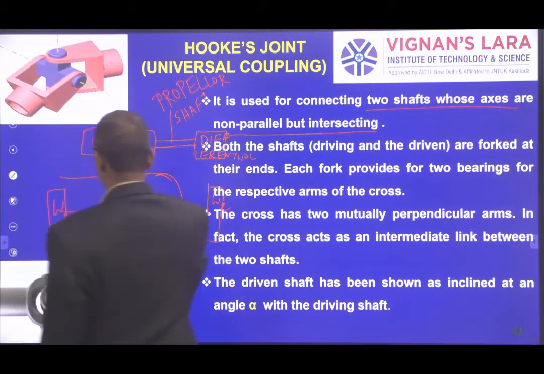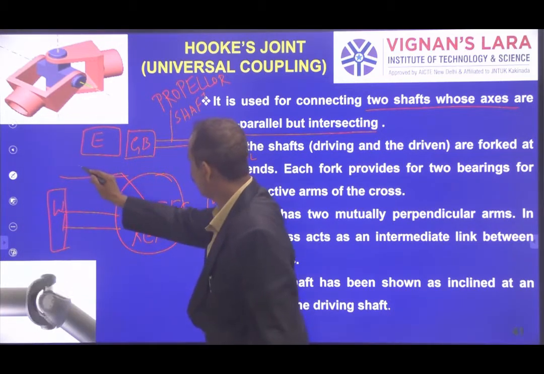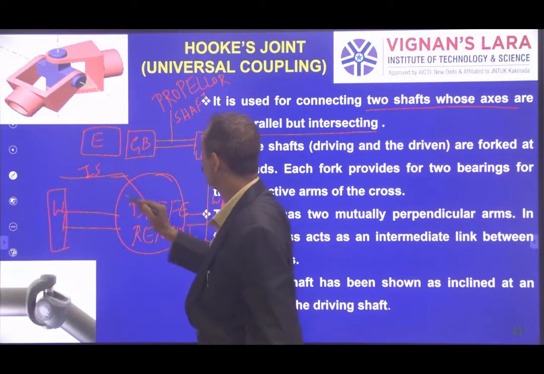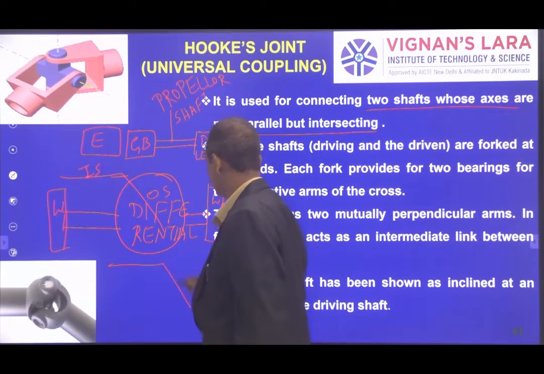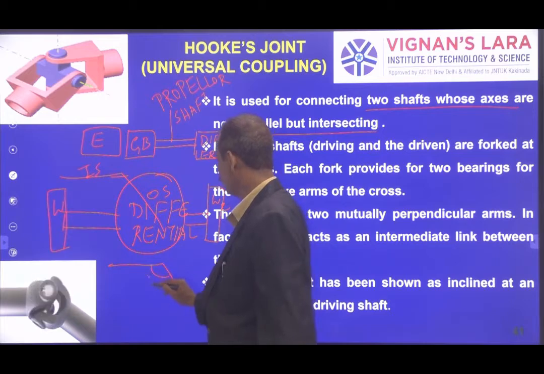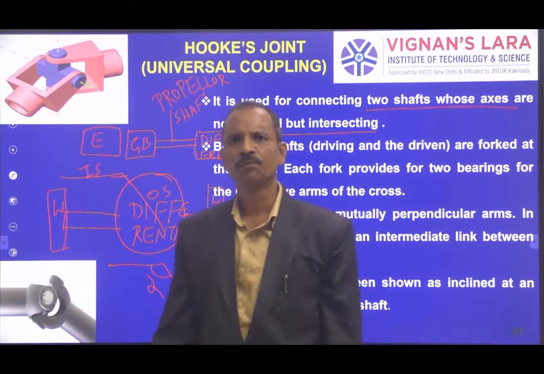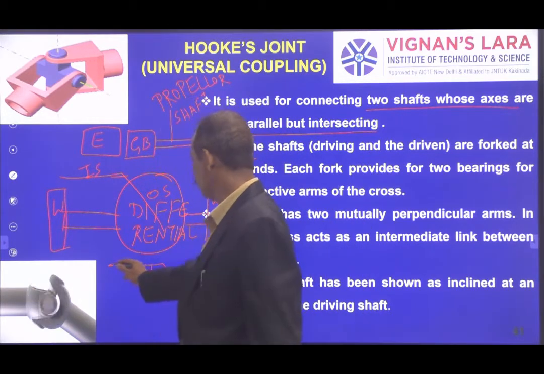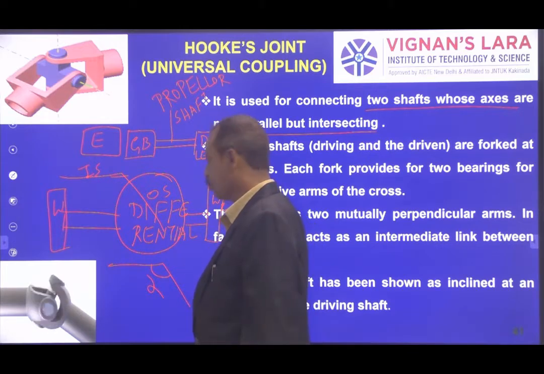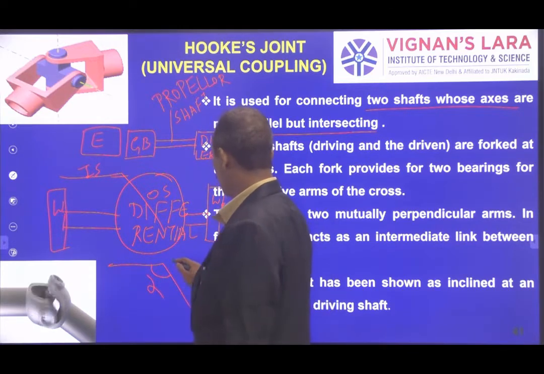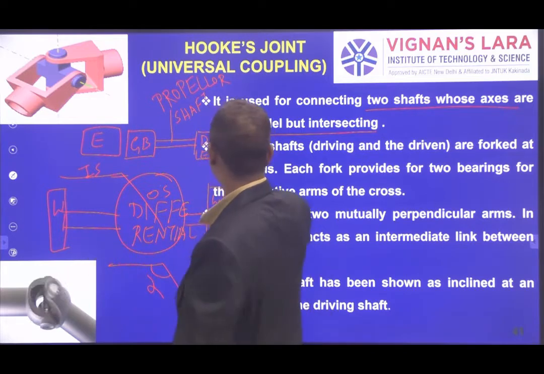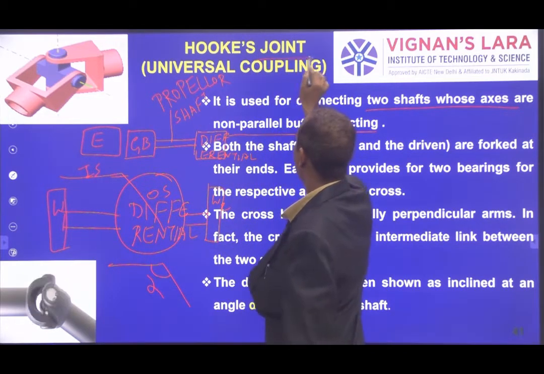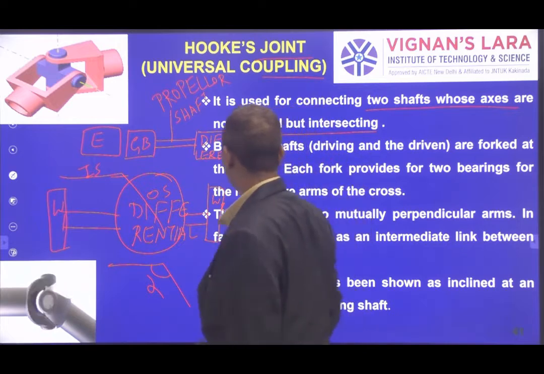That is what you can see. This is the input shaft and this is the output shaft. There is some angle. They are not parallel. Input shaft and output shaft are not parallel and they are intersecting. In that case, we use this joint called hook joint or universal coupling.